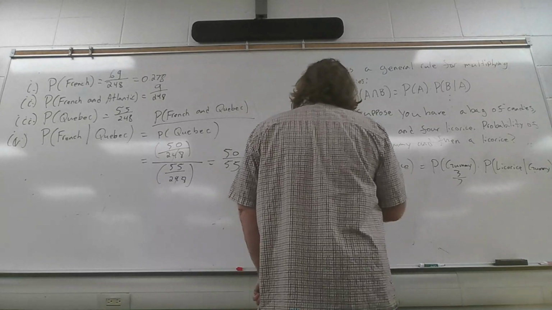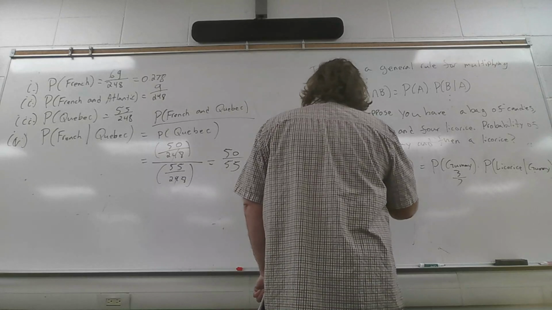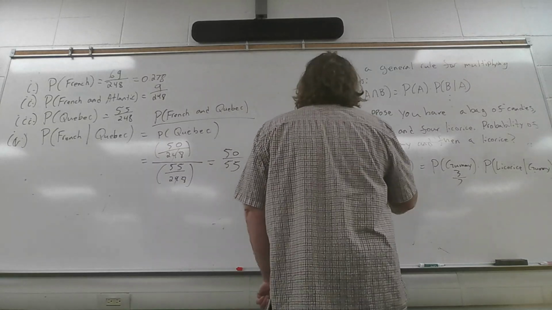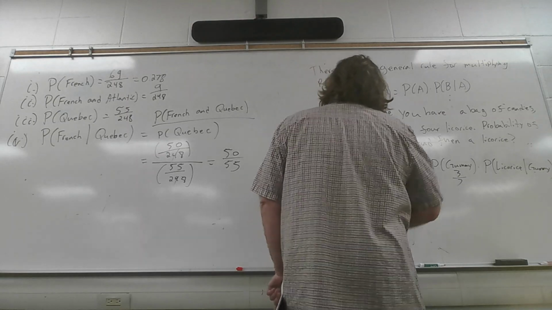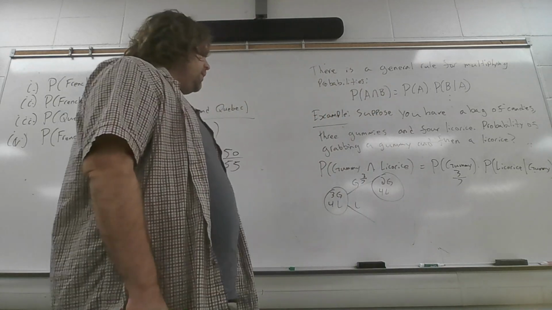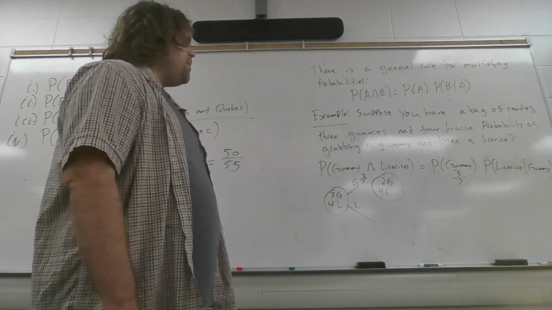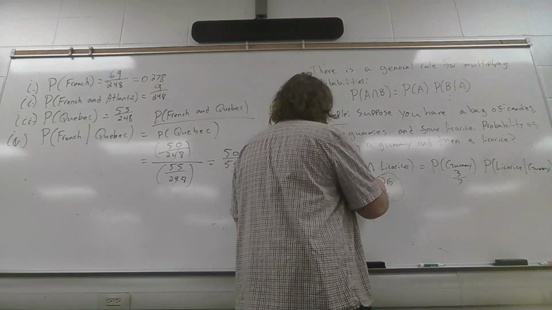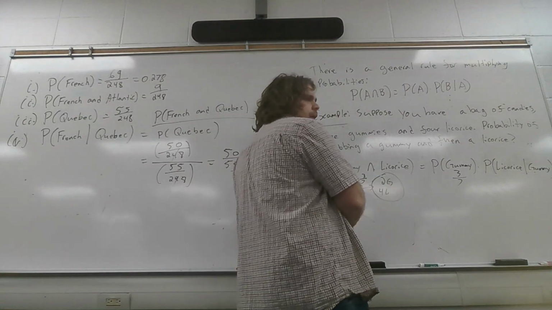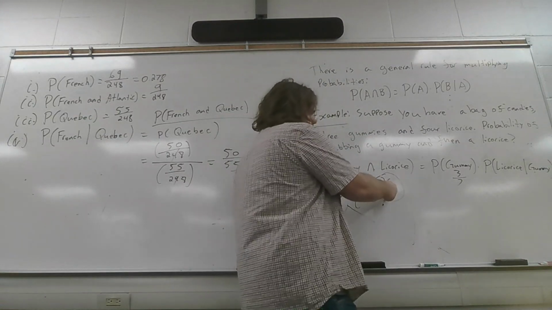But now that's 2 gummies and 4 licorice. So now we see that if we want to grab a licorice from this, given that we grabbed a gummy, we have to follow this path, right? It actually matters where we go, right? This is the conditional probability.